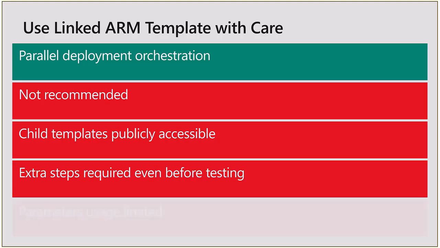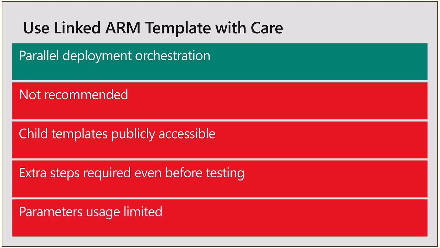And I think this is critical when using the linked ARM template: we can only use either a parameter object or a parameter file at the same time, not both. In many cases, if we need to pass sensitive information like an access key, it is usually passed as a parameter object rather than a parameter file.